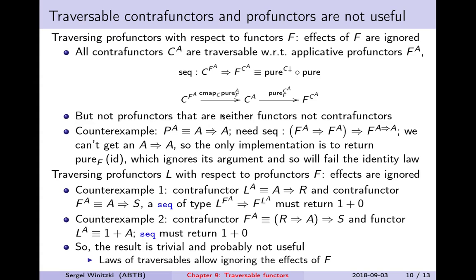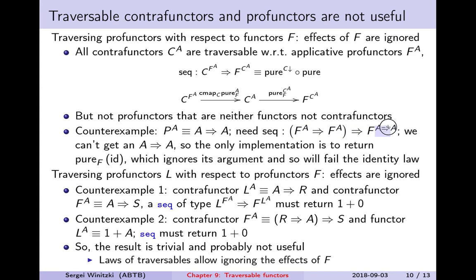Now, if you have a profunctor CA, then things are not workable. Here's why. Consider this simple example, the simplest profunctor, which is neither a functor nor a contrafunctor, because it has A in both covariant and contravariant positions. And now we need a sequence function of this type signature. But it's impossible.